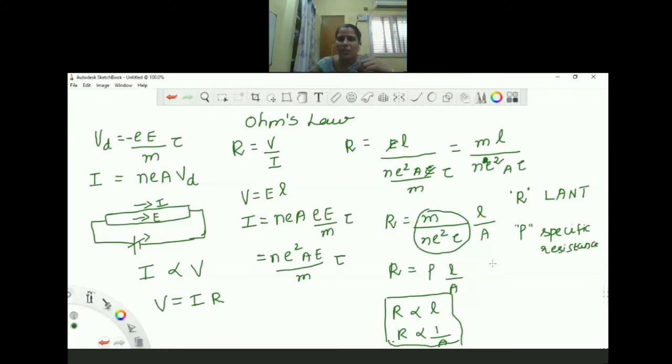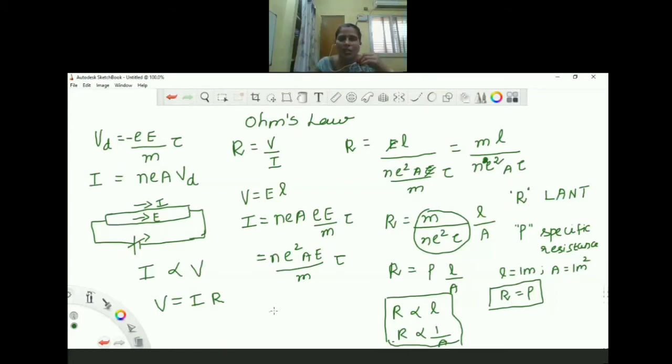When we substitute L equals 1 meter and A equals 1 meter square, then R and rho are equal. That is, specific resistance is defined as the resistance offered by the conductor having unit length and unit area of cross section.